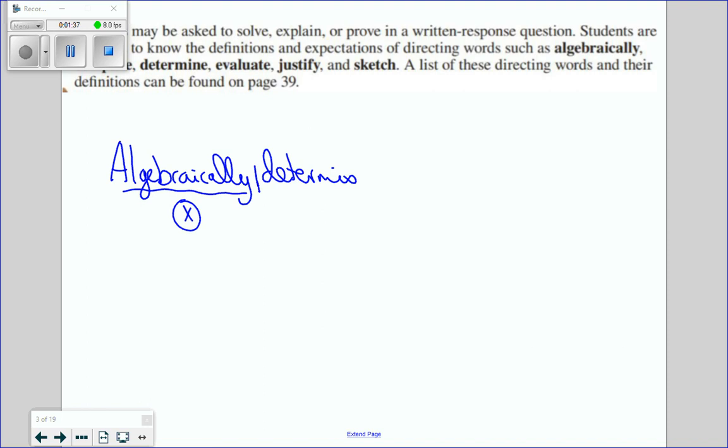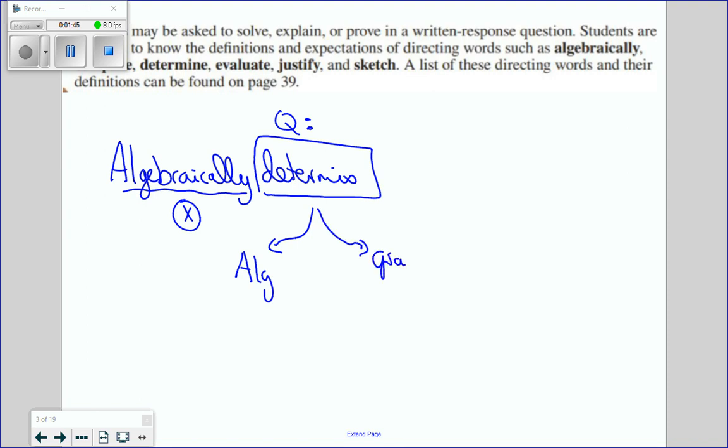If the question just says determine, this means you can do it by algebra, or by graphing, or by regression. You have a choice in it. You don't have to do it algebraically. So if the question says algebraically determine, you have to use algebra. If the question just says determine, it's your choice.